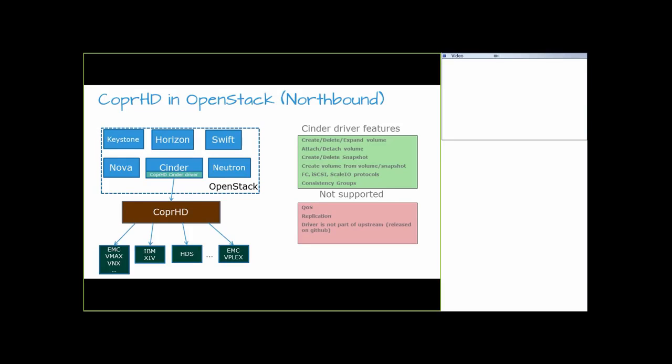Yeah, exactly. This is theoretically possible, but not practical today. The reality is, if somebody wants multi-site, they'll go with the VMware stack or some other more capable stack. By the way, you can still use CoprHD with that stack, right? So you're not locked in.